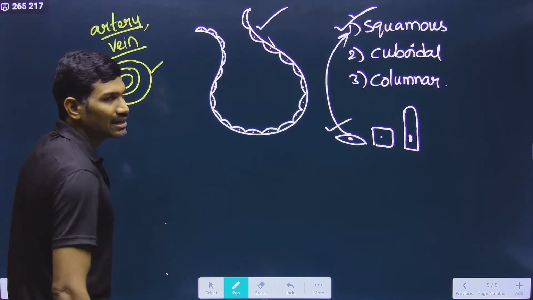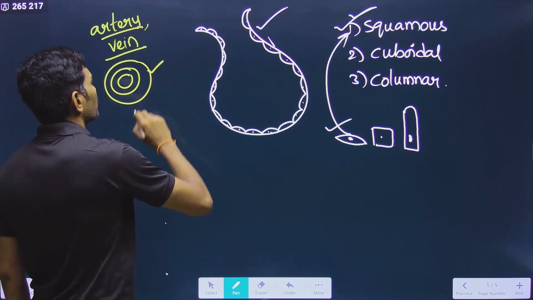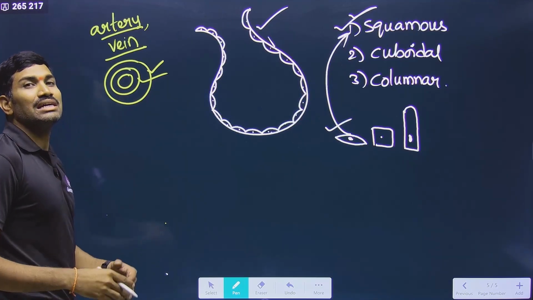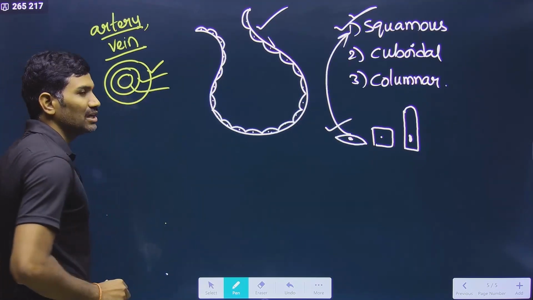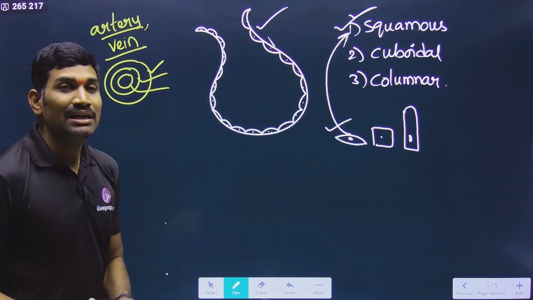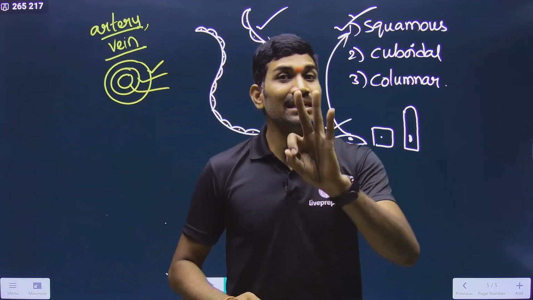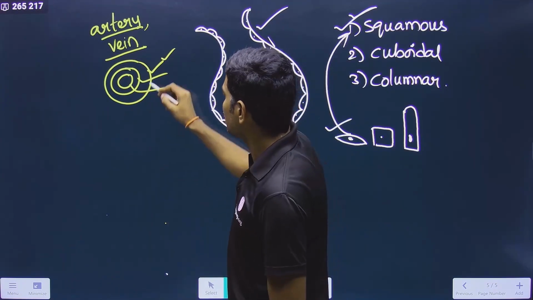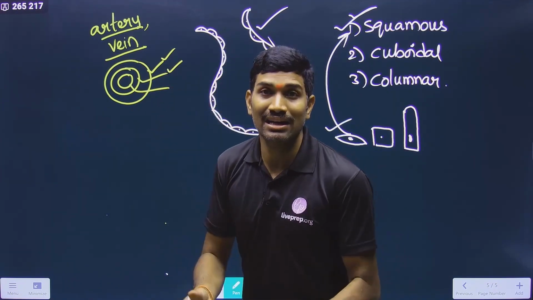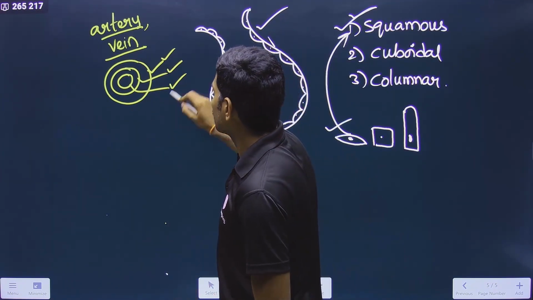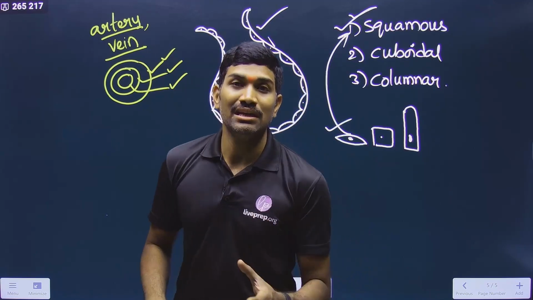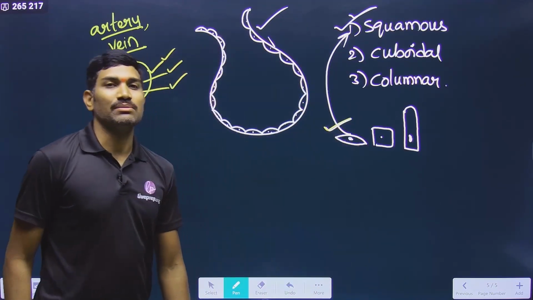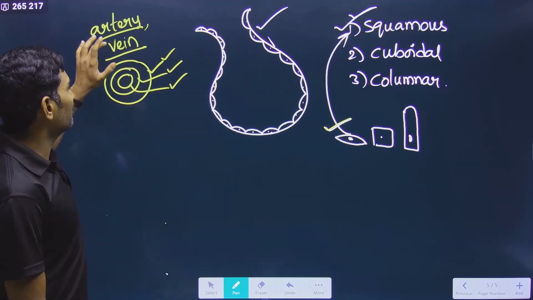The outermost layer is called tunica externa, the middle layer is called tunica media, and the innermost layer is called tunica intima. In this way, in the artery and vein, three layers are present. The outermost is connective tissue, the middle is generally the muscular layer, where smooth muscles are present, and the innermost has the epithelial layer. Which epithelial? Generally it is squamous epithelial. This is how the artery and vein are.